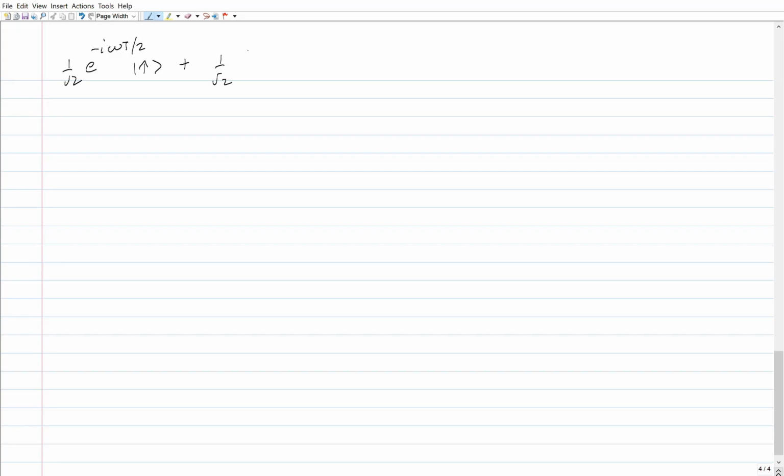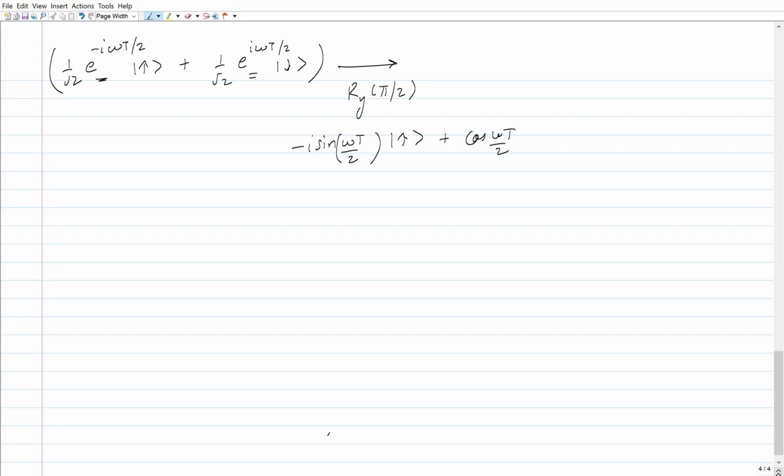Here I had the information about the parameter I'm supposed to measure as phases, and I again give it a pi pulse rotation, and I get this.